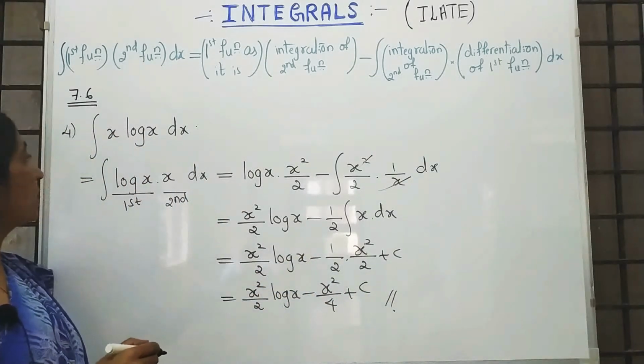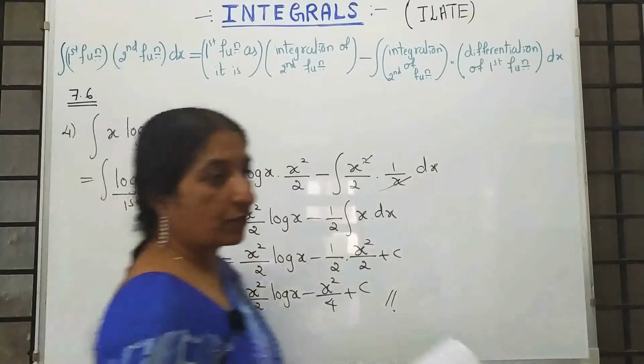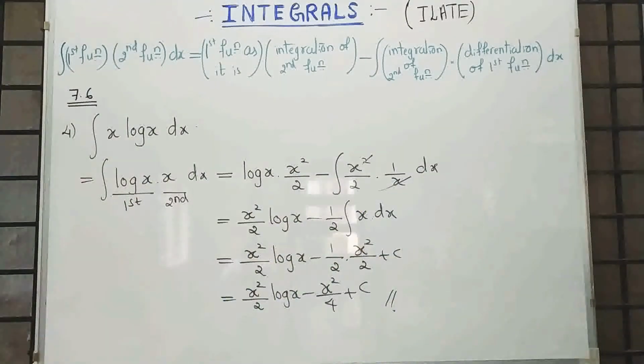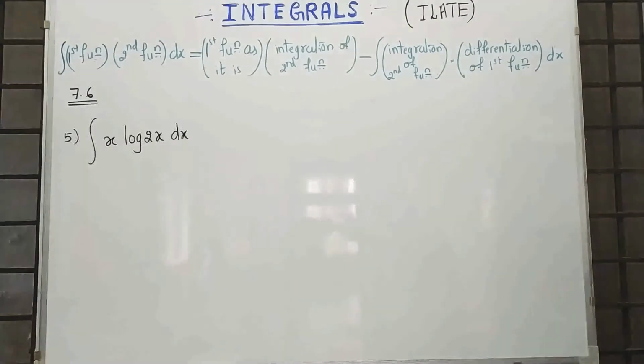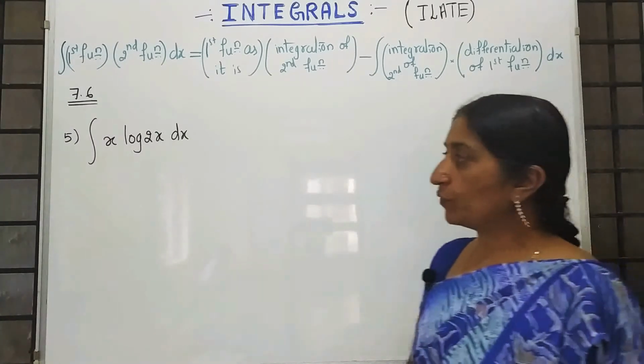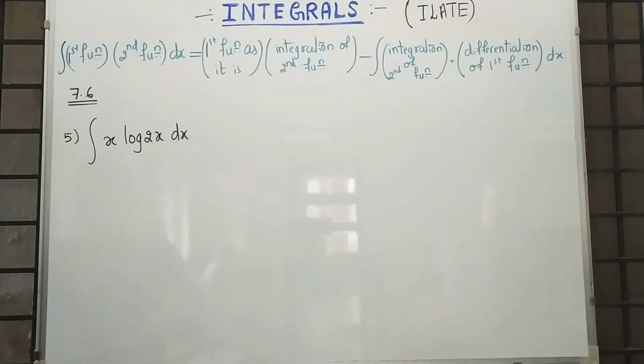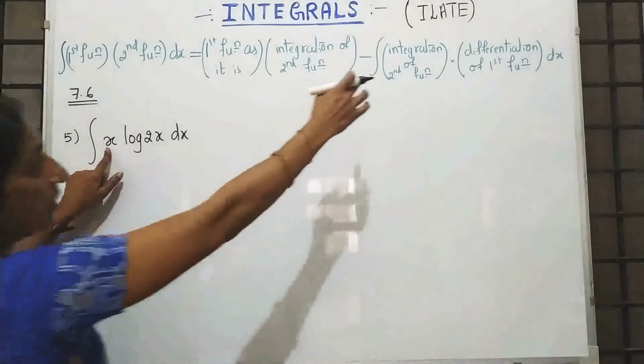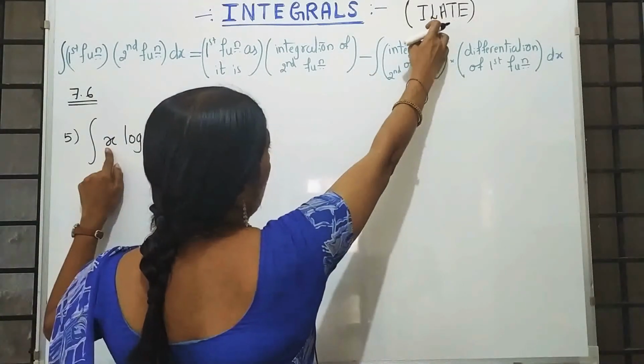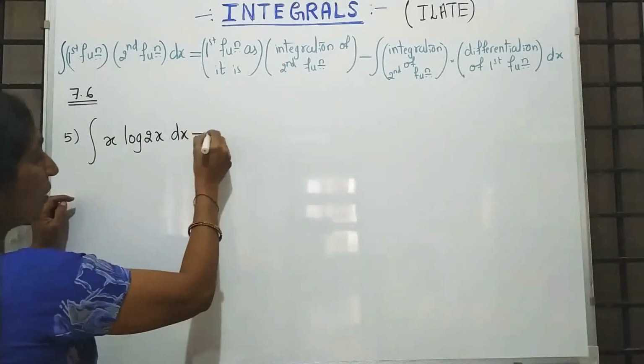Moving to the next example, that is question number 5, the fifth one: integration of x into log 2x. Now, are you familiar with how to identify? See, x is algebraic and this is log. That means we have to write the log term first.